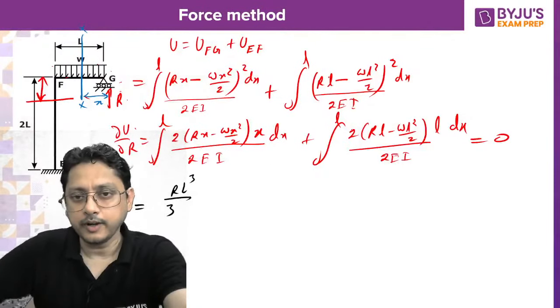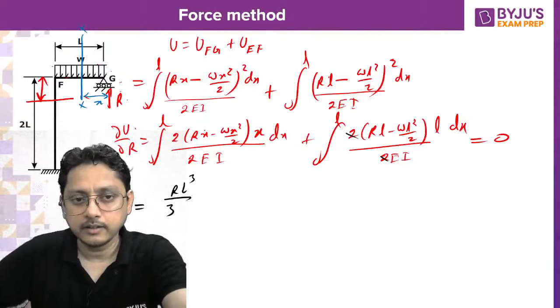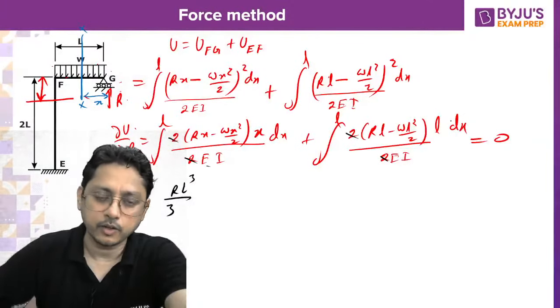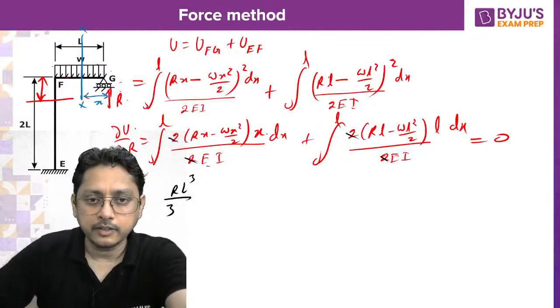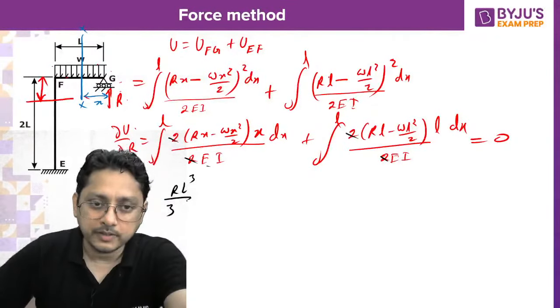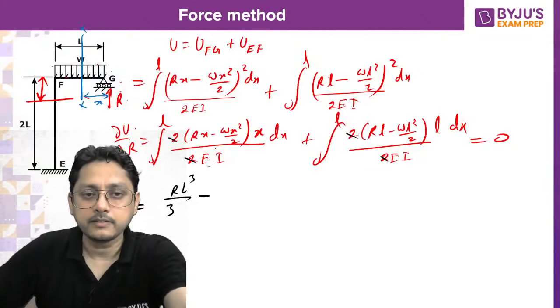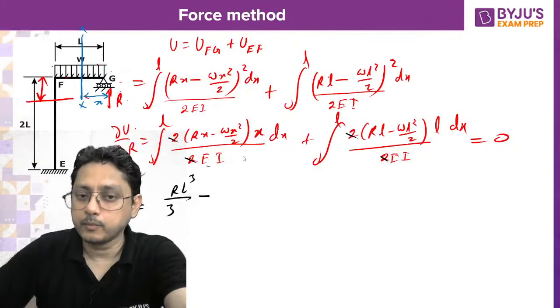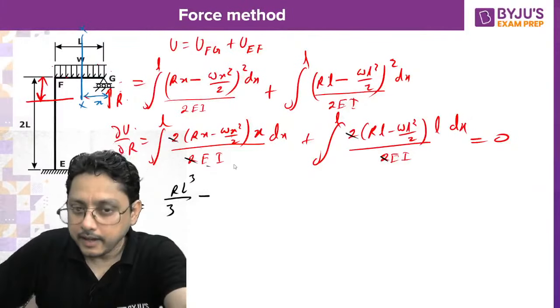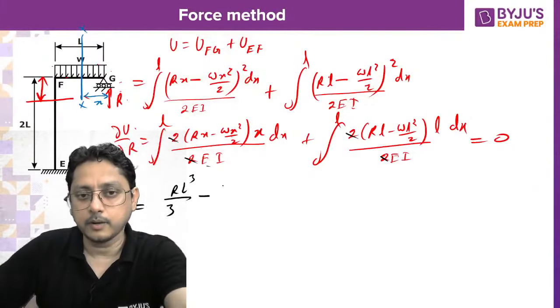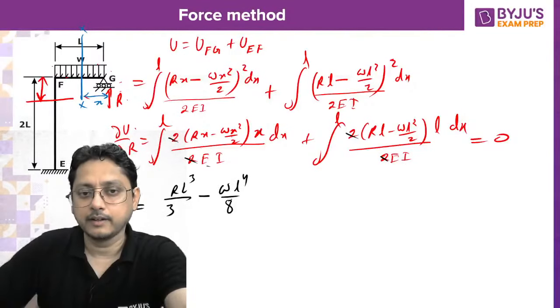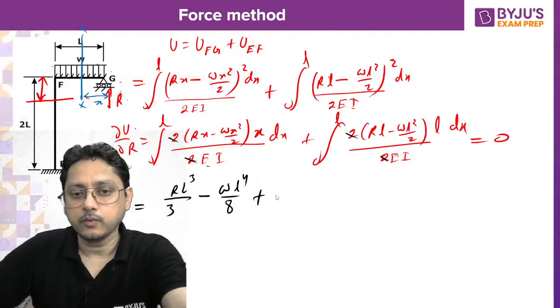Then these two 2s get cancelled. EI I have taken common, I send it to that side, it is already gone. Then Rx into x will become Rx square, Rx cube by 3, so 0 to L it becomes RL cube by 3. Then minus Wx cube by 3, so it will become Wx to the 4 by 8, and I can write WL to the 4 by 8. That's all. Then what?